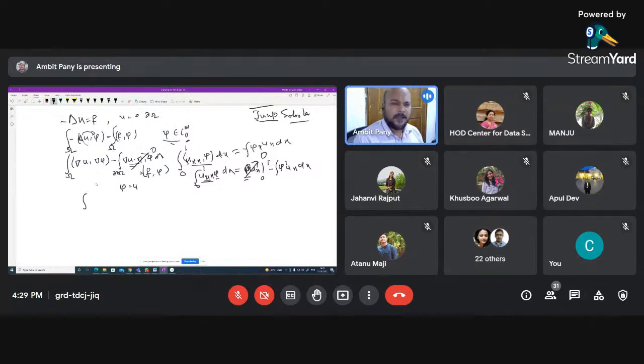That means basically I'm getting grad u, grad u over omega equal to f into phi. So we are getting a form like this. When I get a form like this, we can say this is the variational formulation.